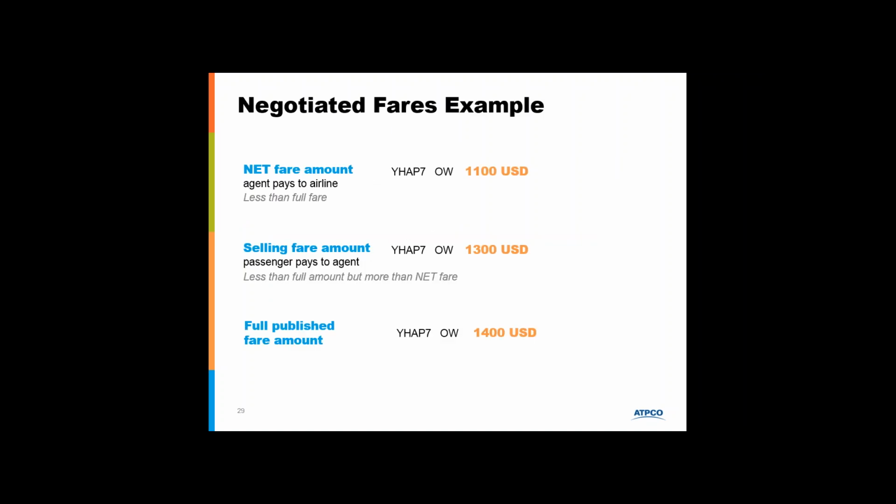The negotiated types of fares that exist would be either considered net, what the airline gets, or as selling, which is what the passenger pays. But this is a contracted fare, so it's not a standard published fare that would be in the database. So they're creating these other types of fares, and that generally is private.